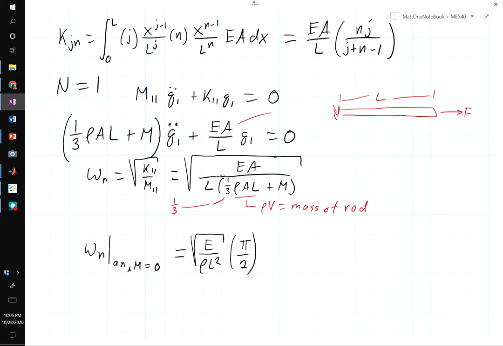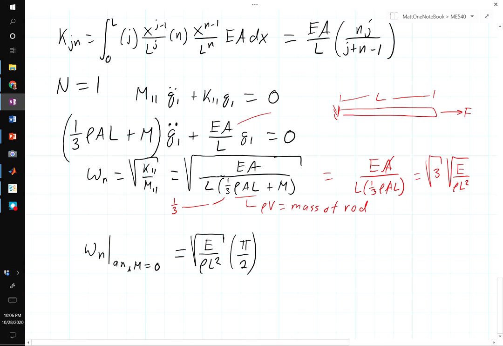What would we get right here for the case where m equals 0? We get EA over L times 1/3 rho AL. So the A's cancel, and we could write this as the square root of 3 times the square root of E over rho L squared.